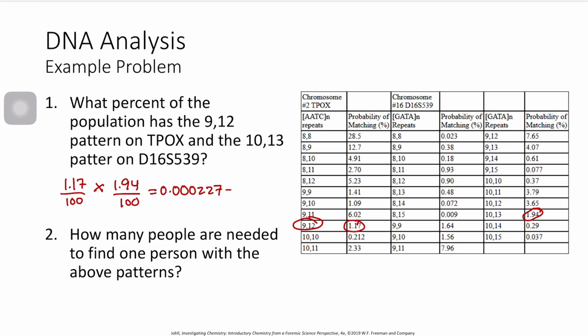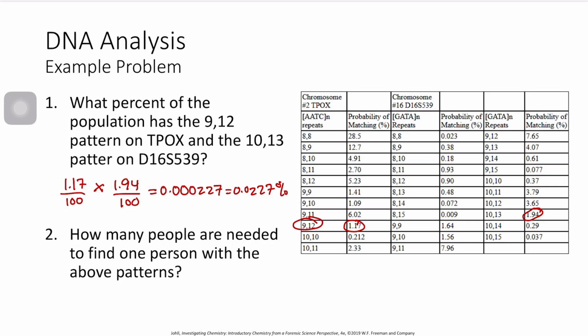So we would get 0.0227. So if you were looking for these two patterns together on the same person, there would only be a 0.0227% chance of that happening.